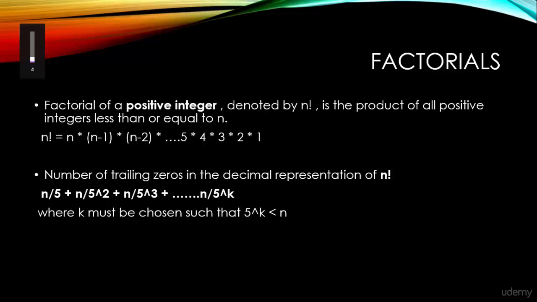The number of trailing zeros in the factorial of a non-negative integer n is n by 5 plus n by 5 square plus n by 5 cube plus so on plus n by 5 power k, but k must be chosen such that 5 power k is less than n.